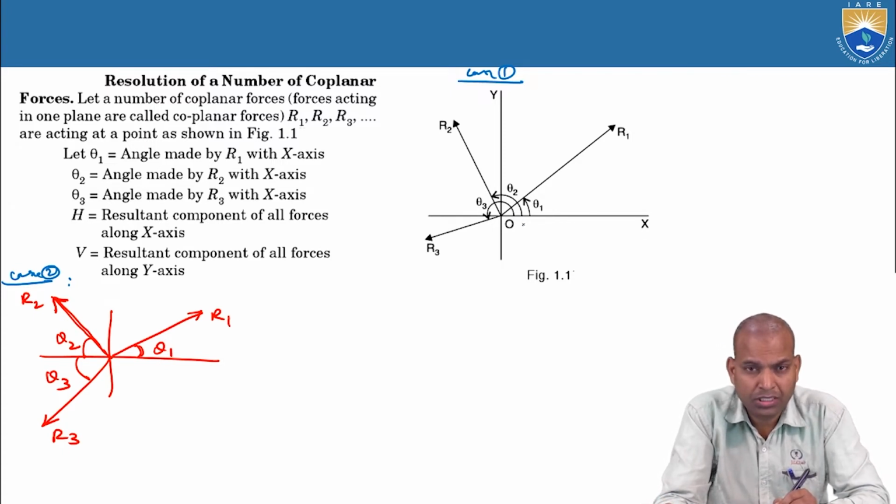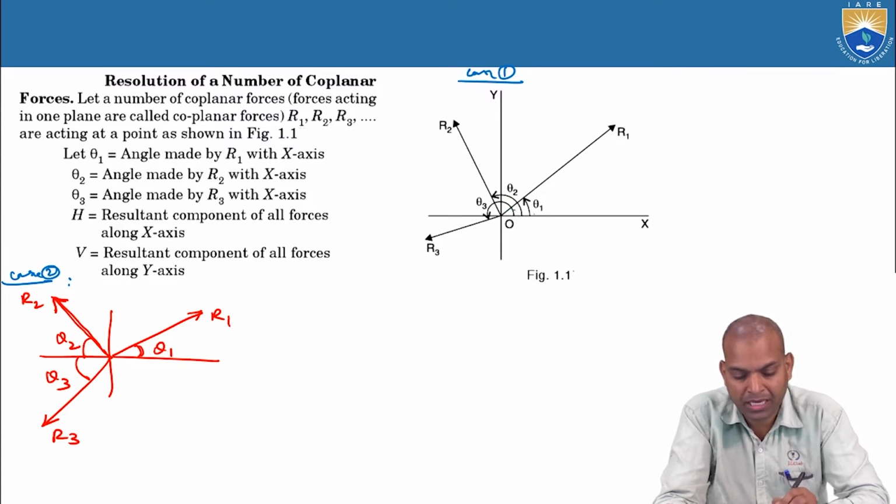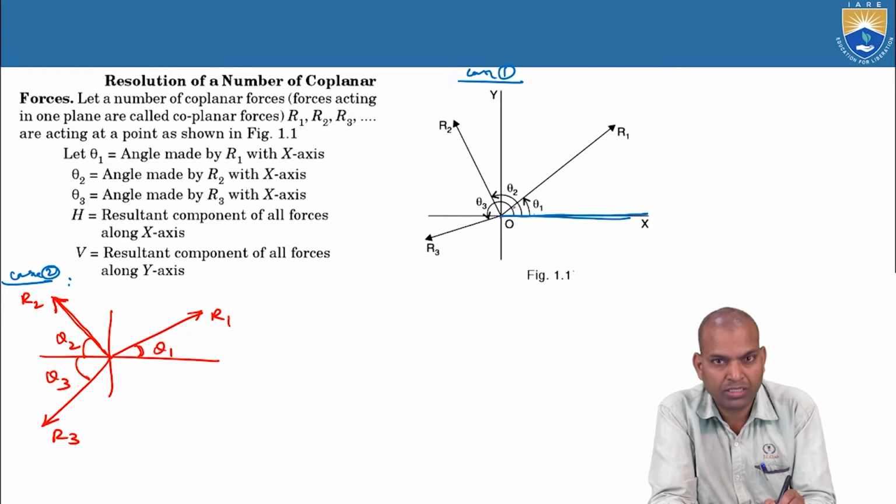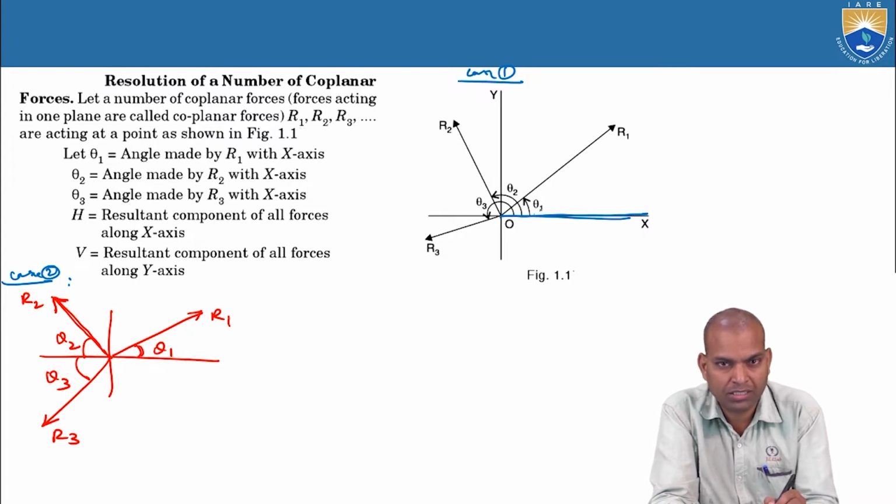In case 1, theta 1, theta 2, theta 3 are all the angles made by the forces R1, R2 and R3 with the same x-axis. In case 2, it is making angles with the y-axis: R1 with the y-axis theta 1, R2 with the y-axis theta 2, R3 with the y-axis theta 3.